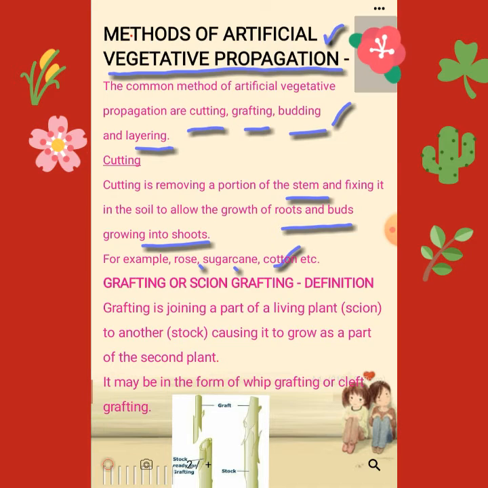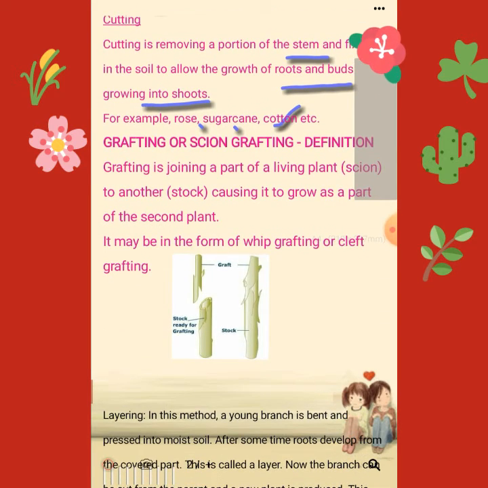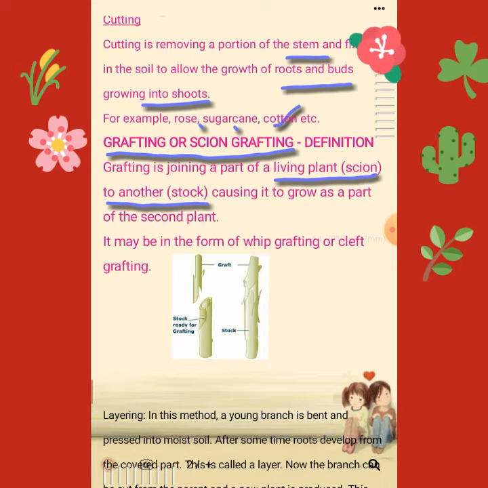Next one is grafting, or scion grafting also we call it. So what is meant by grafting? Grafting is joining a part of a living plant, that is the scion, to another plant that is called the stalk, causing it to grow as a part of the second plant.